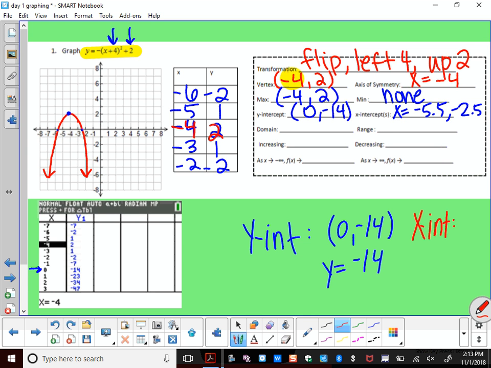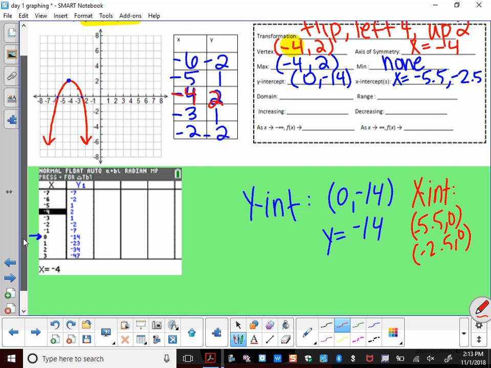You can write the x-intercepts as negative 5.5, negative 2.5, or you can write it like I did and put them all together: x equals negative 5.5, negative 2.5.